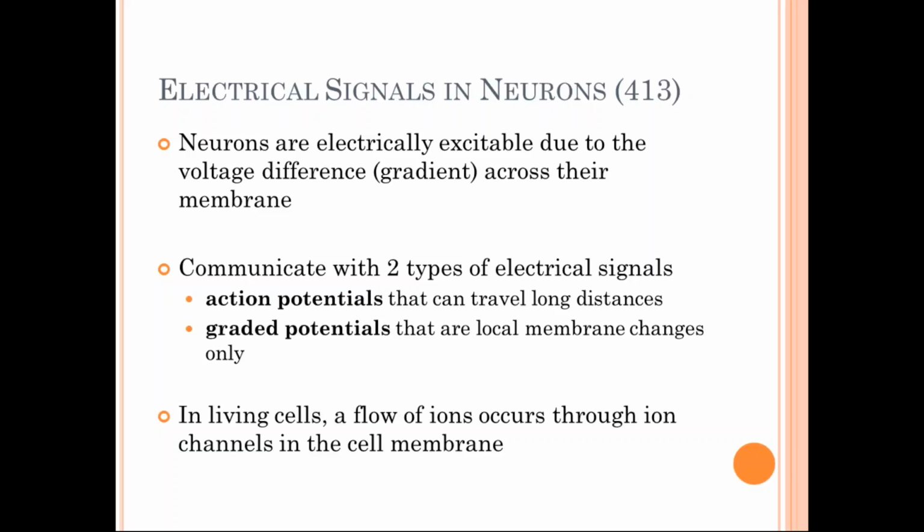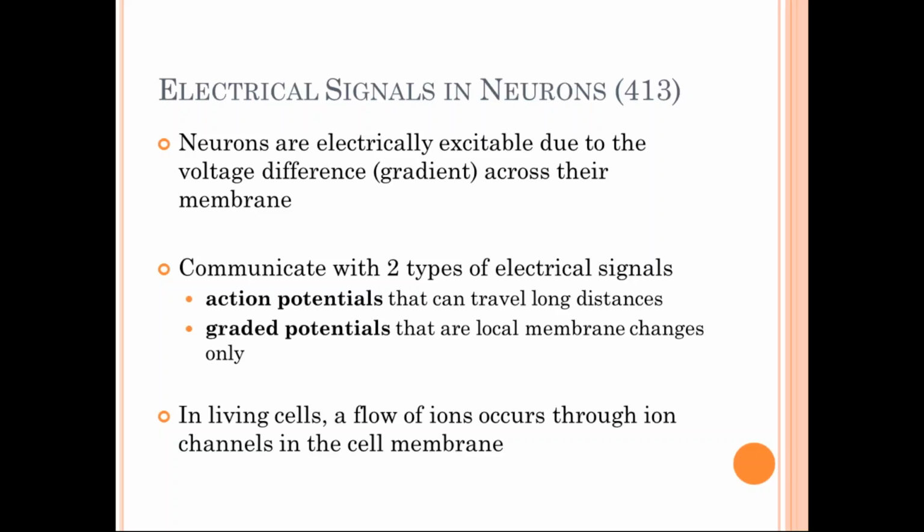Anyway, in neurons, the nice thing is they're electrochemical, right? Electrical signals in neurons are electrically excitable because of that cell membrane. If you recall all the way back to chapter 3, we learned about gradients being created by cells. Electrically excitable gradients would be a voltage difference, and a voltage difference would be created by ions.